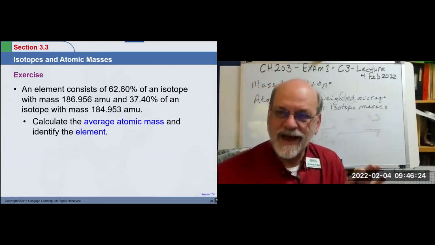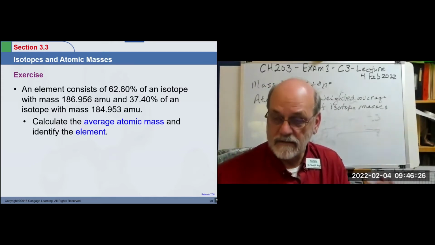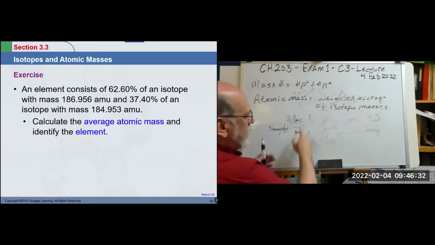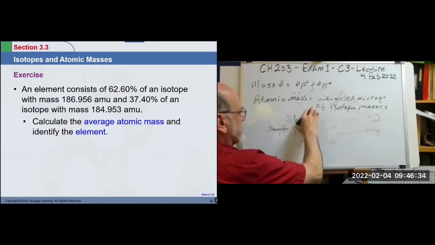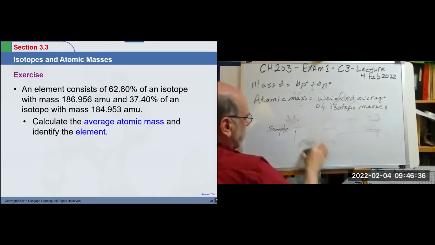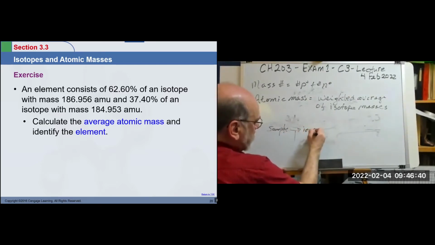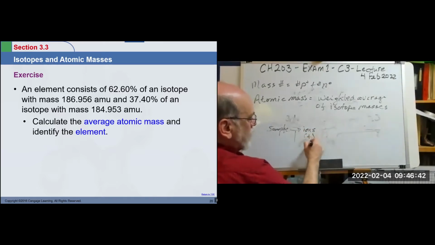What that does is it ionizes all of the atoms in that element. I don't know if it's negative. Let me erase that. That may not be true. But what we do is we produce ions, usually positively charged.